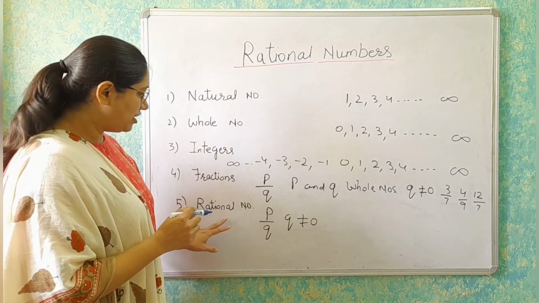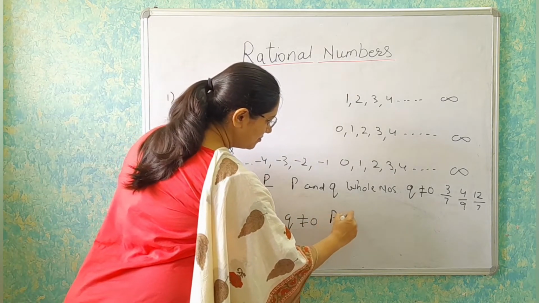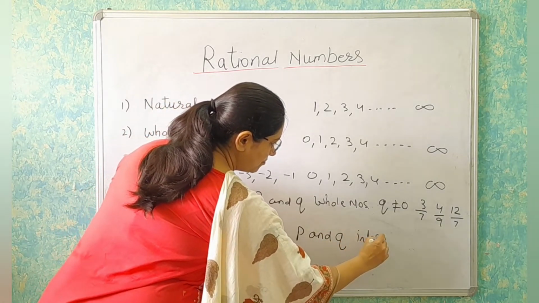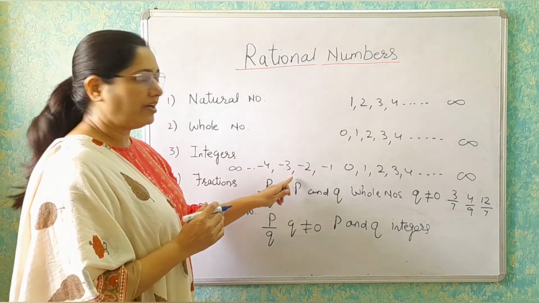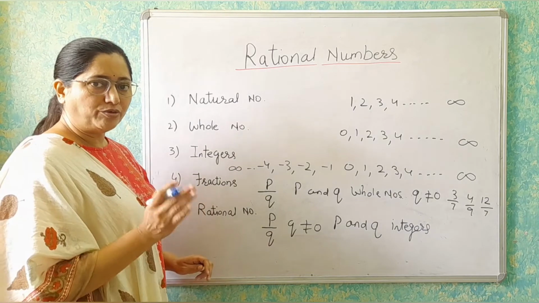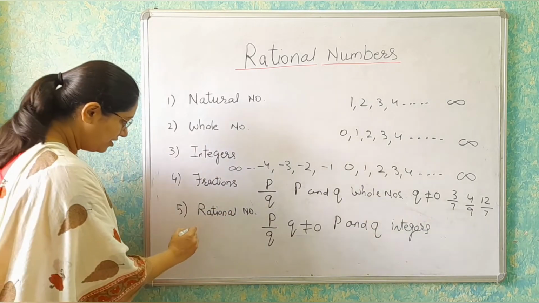But in case of rational numbers, p and q are integers. And you know that integers are positive and negative both. So we can say rational numbers are of two types, positive rational numbers and negative rational numbers.